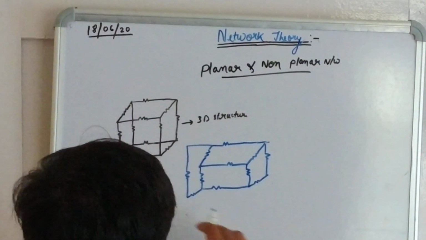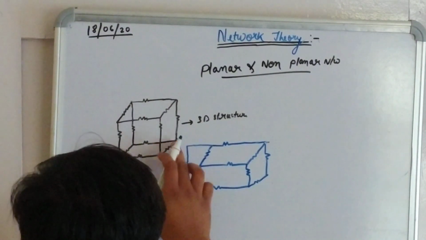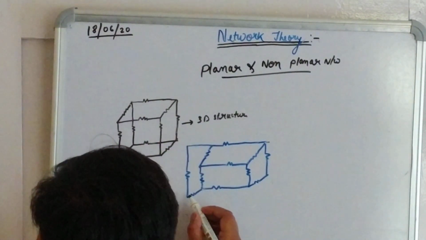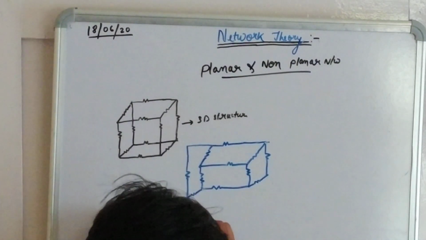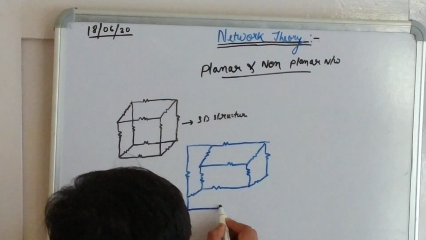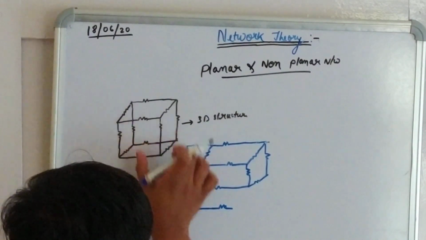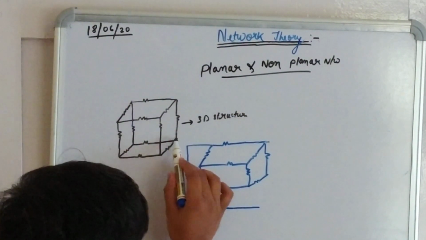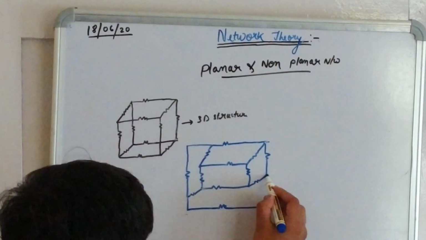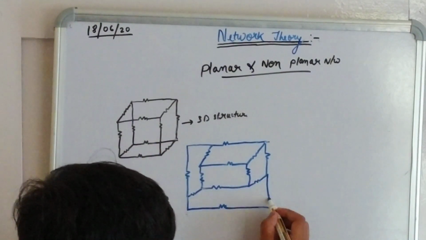Okay, and these branches will be shifted downwards, and this point is anchored like this.